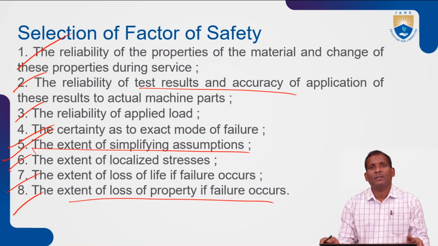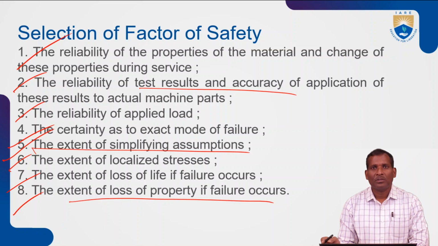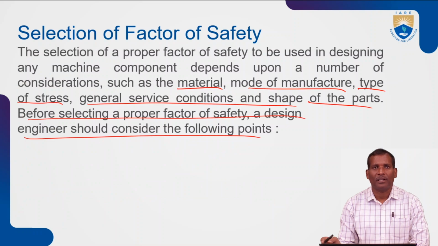That's why in mechanical component design, the design engineer selects one factor of safety before designing. So while selecting the factor of safety, the design engineer should remember all these points. Otherwise the component will fail.